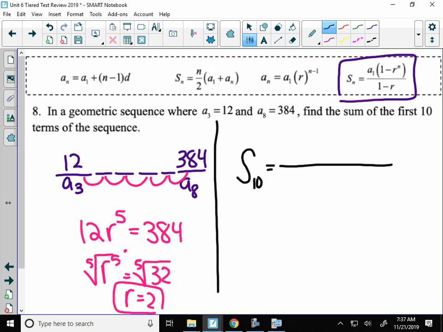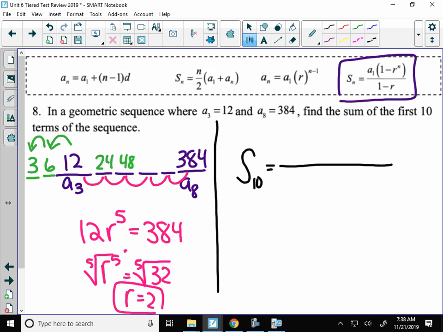The first term, oh, I don't know the first term, I have to go backwards here. I'm going to go back 1, 2 blanks. I'm going to squeeze it in. And I know I'm multiplying by 2 every time here to go from term to term. To go left or backwards, I have to divide by 2. So 12 divided by 2 is 6. Divided by 2 is 3.